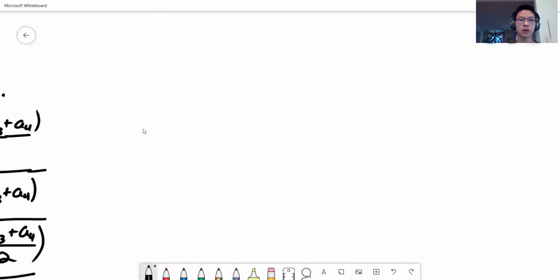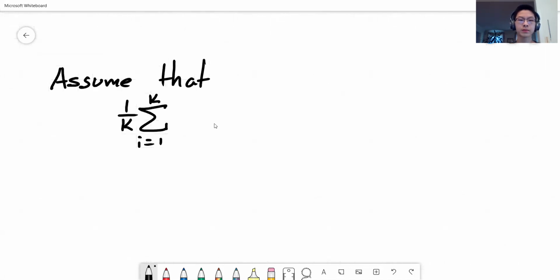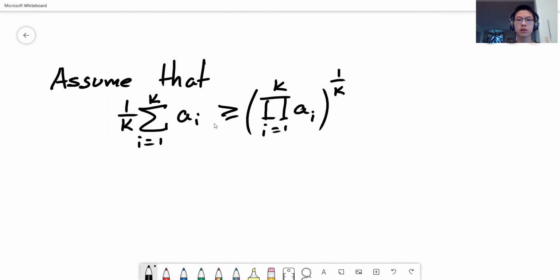So let's do a certain inductive step. So let's assume that the sum from i equals 1 to k of 1 over k a sub i is greater than or equal to the kth root of the product from i equals 1 to k of the terms, and then take the kth root.